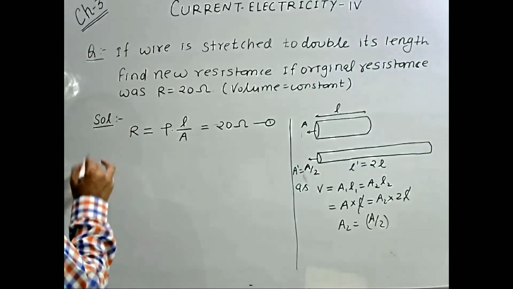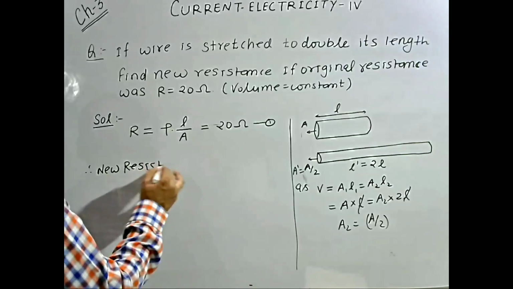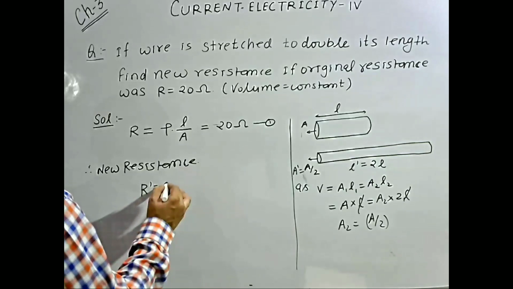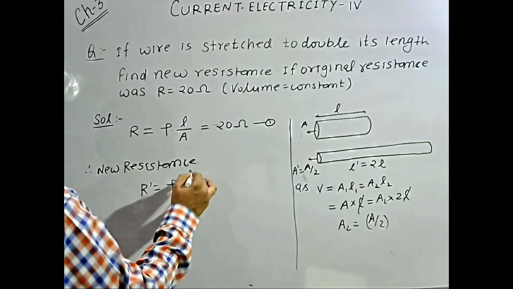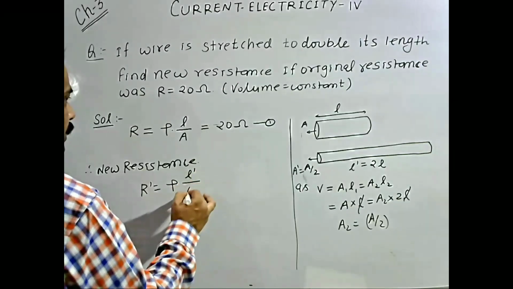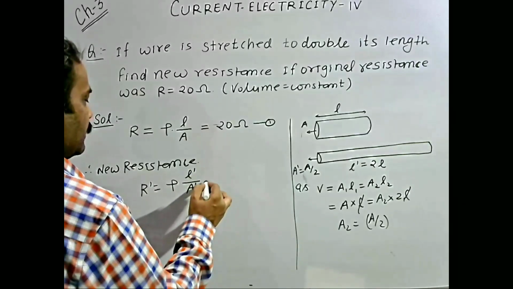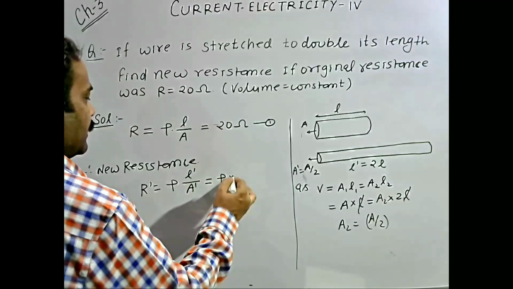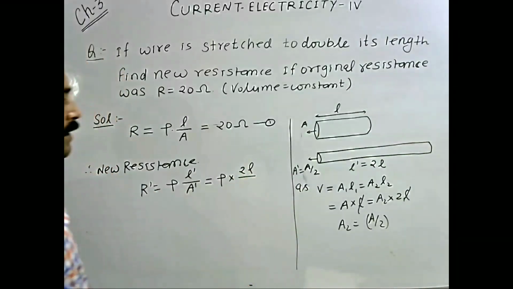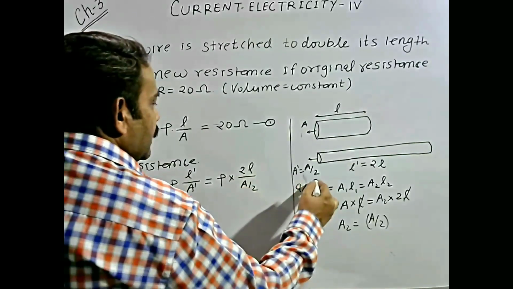Therefore, the new resistance, suppose it is R dash, and R dash equal to rho into L dash upon A dash. Clear? Or L2 upon A2. Now put the values: L dash is equal to 2L, and A dash is equal to A by 2. Here is the explanation.